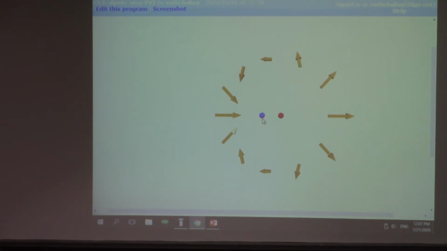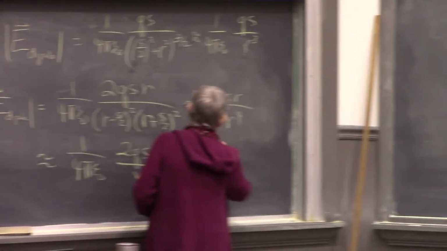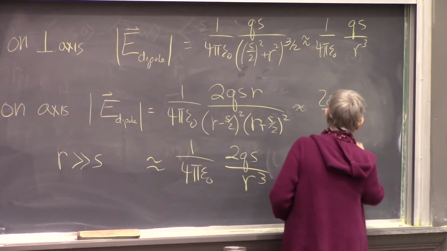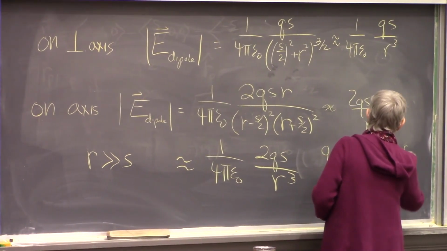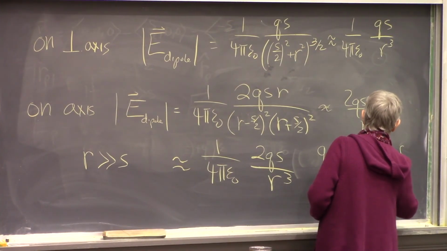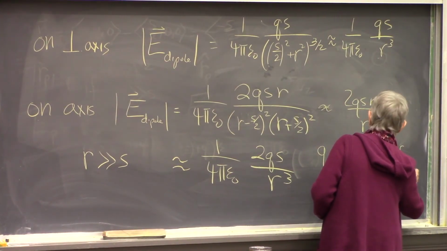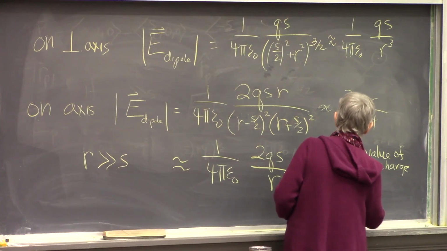And in this equation, Q is the absolute value of charge. S is the separation.